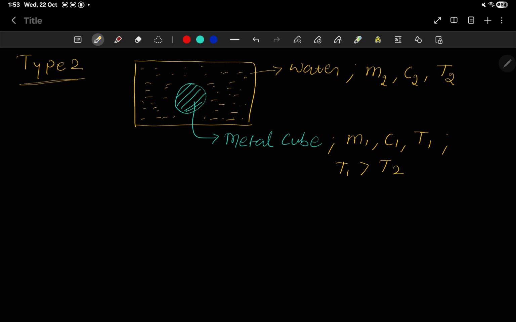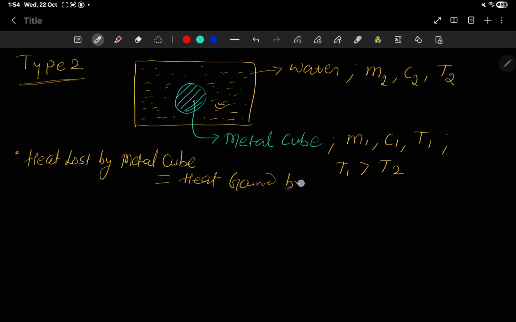Okay, अच्छा, यहाँ पे क्या होगा? यहाँ पे the energy will be lost. This metal cube will lose its energy and water will gain some heat energy. So the first point is conservation of energy. Heat lost by the metal cube will be equal to heat gained by water.